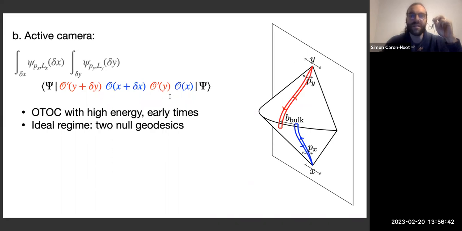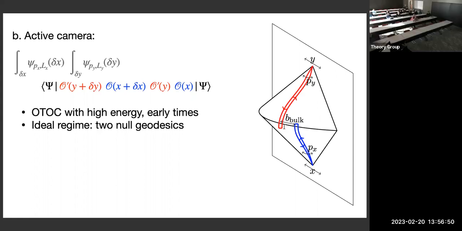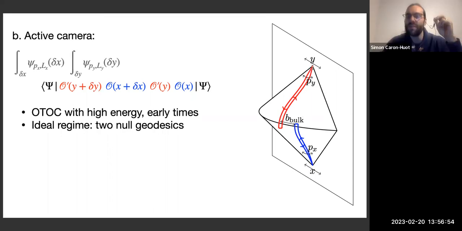And effectively, this out-of-time order correlator, in fancy language, measures how much the excitation from Y interferes with how much the excitation from X interferes with your ability to evolve Y backward in time. So it's a very subtle quantum interference measurement.